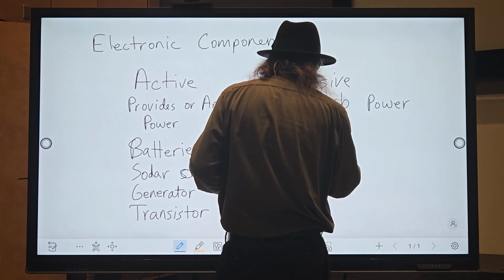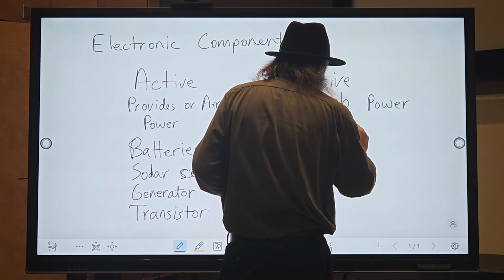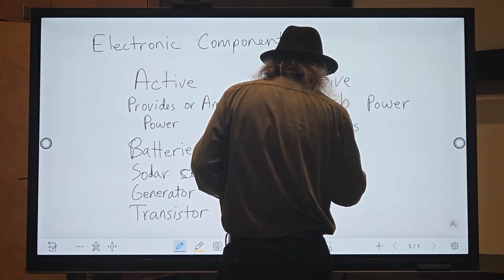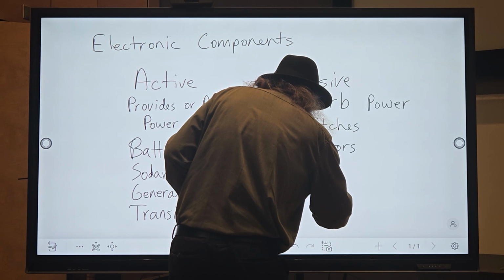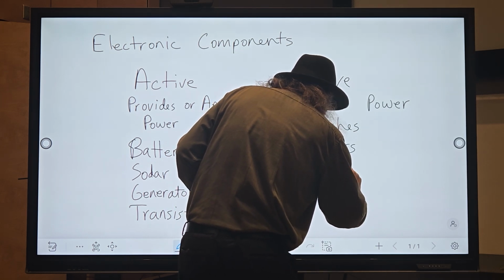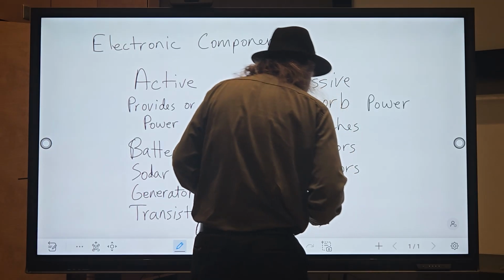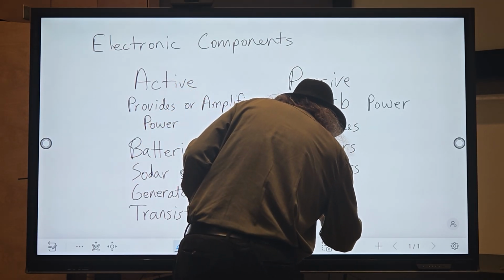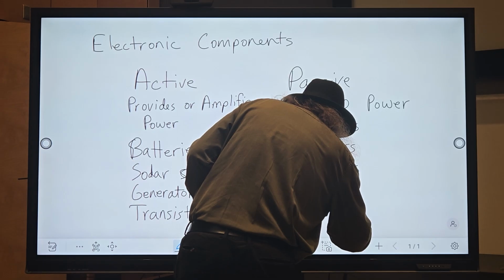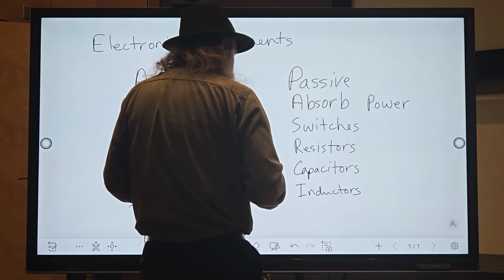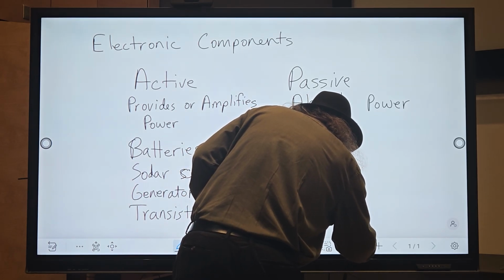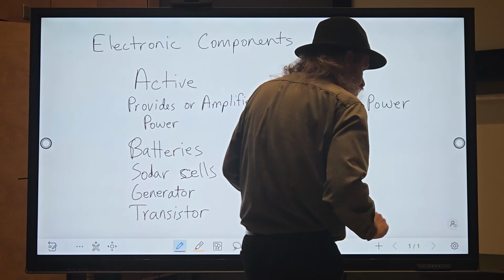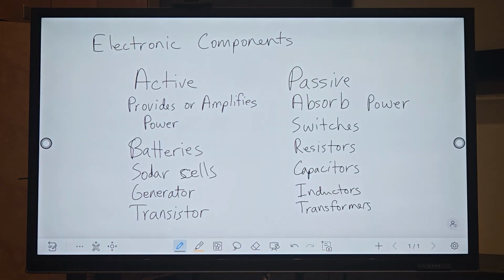That includes switches, resistors, capacitors, inductors, transformers, diodes and LEDs.